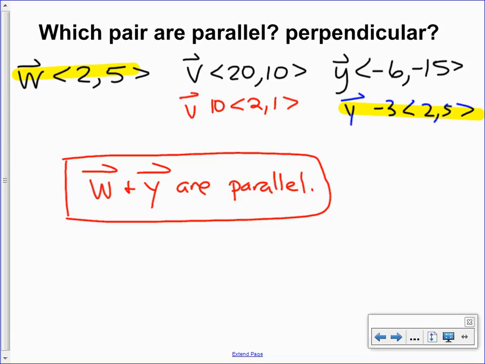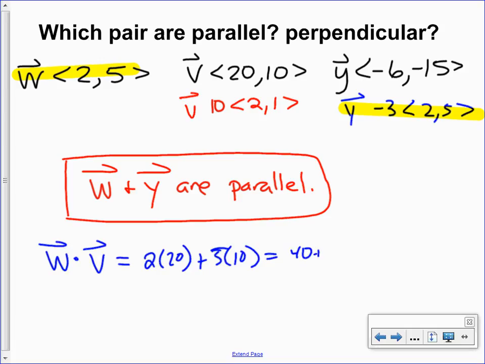Let's check W and B. W dot B is going to be 2 times 20 plus 5 times 10. That's 40 plus 50, which is not 0. So not perpendicular. There's one more combination.